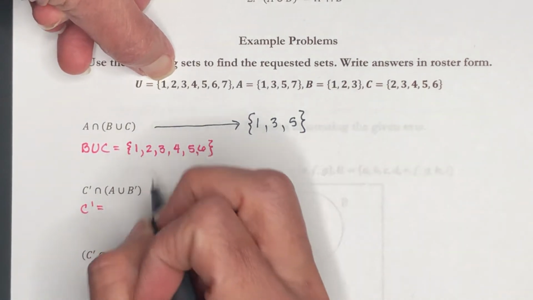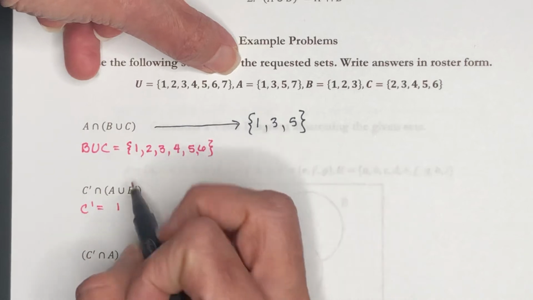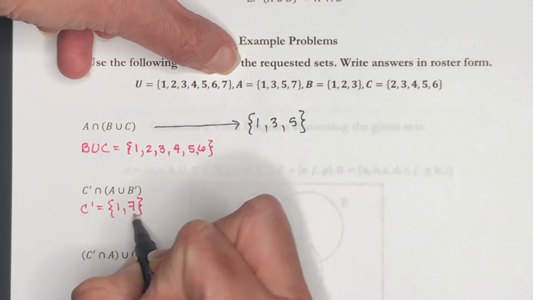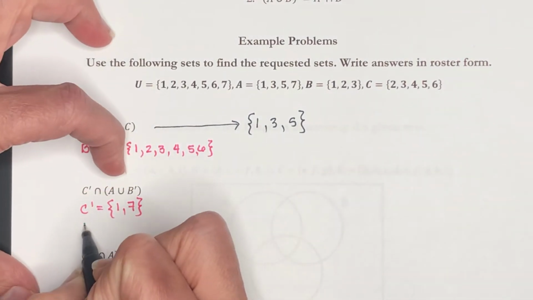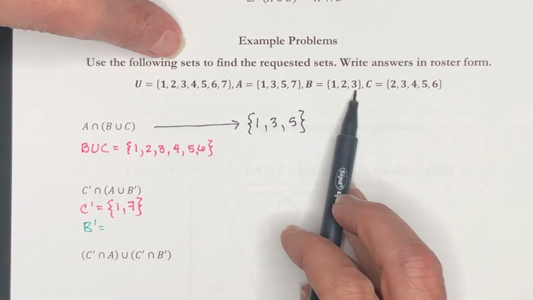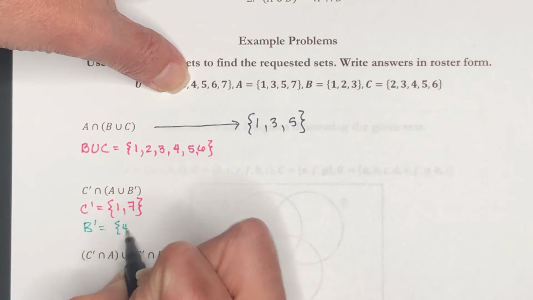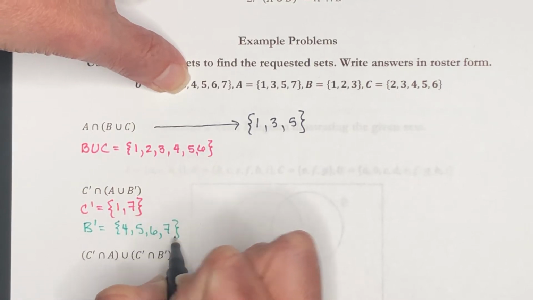So that would be a 1, 2, 3, 4, 5, 6, and then 7. So C complement is 1, 7. I need B complement, and we figure that out the same way. This is 1, 2, 3, so the complement is 4, 5, 6, 7.